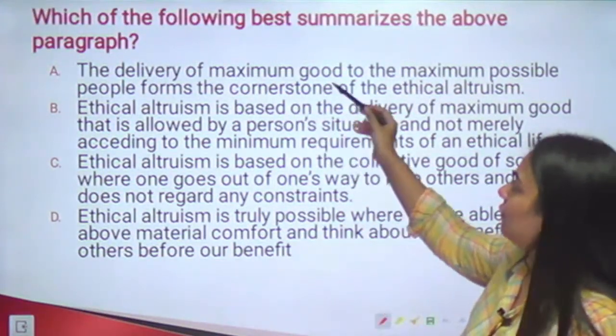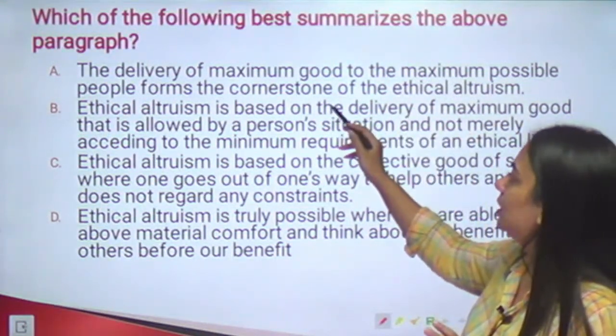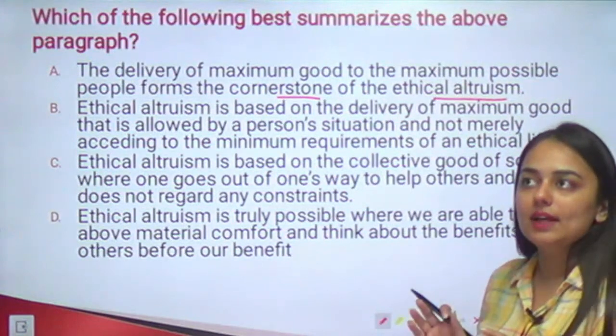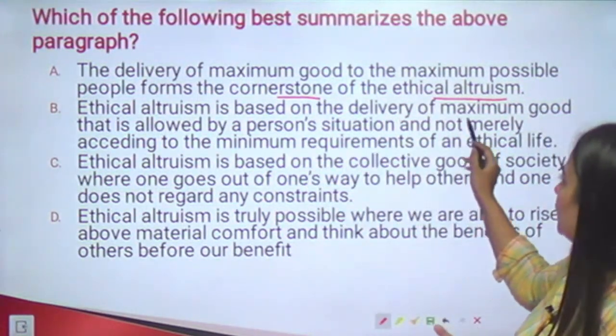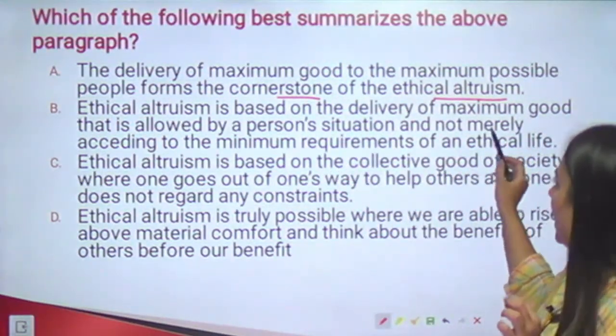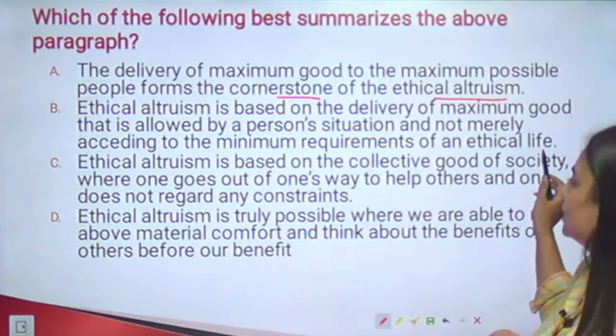The delivery of maximum good to maximum possible people forms the cornerstone of ethical altruism. Is that true? Ethical altruism is based on the delivery of maximum good that is allowed by a person's situation and not merely acceding to the minimum requirements of an ethical life.